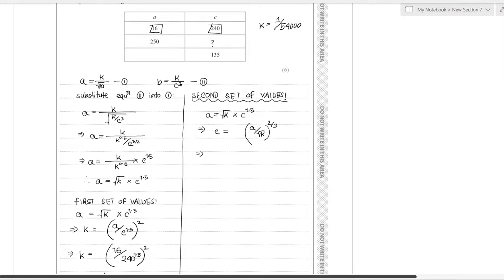And now you have to put the values of all the alphabets inside this given equation. A is 250 over 1 by 54,000 under a root, and the entire thing would be inside a power of 2 over 3.